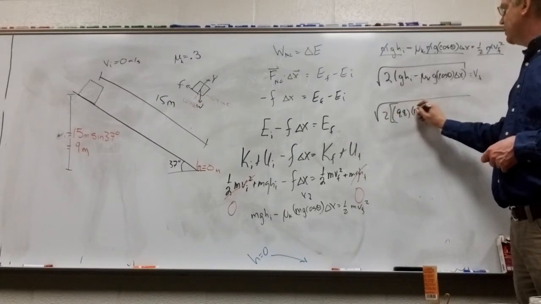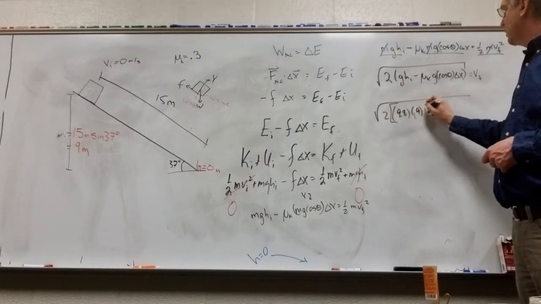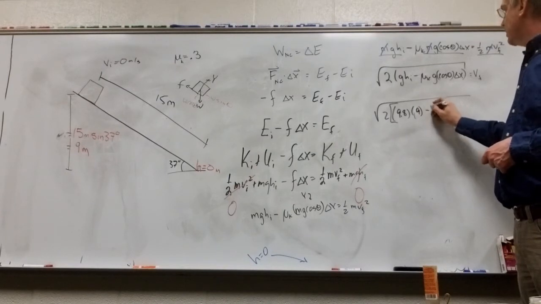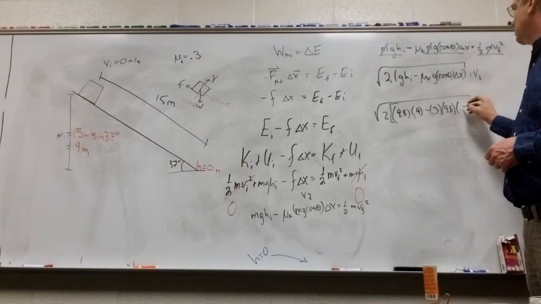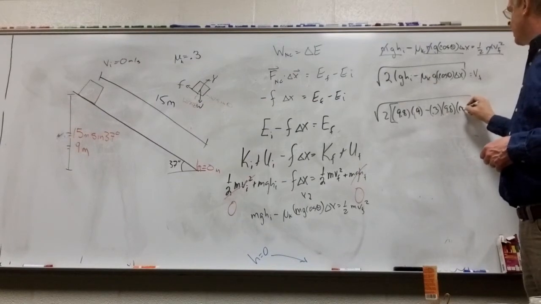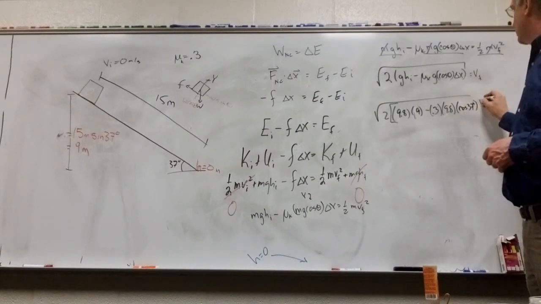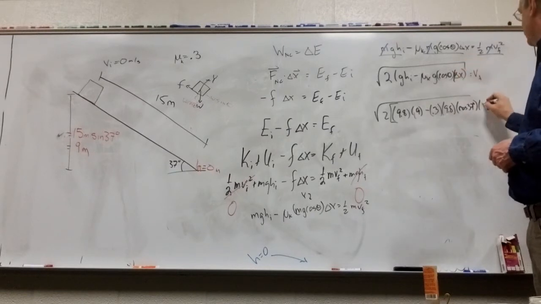times 9, minus 0.3 times 9.8 times cosine of 37 degrees times the distance it actually travels, that's 15.